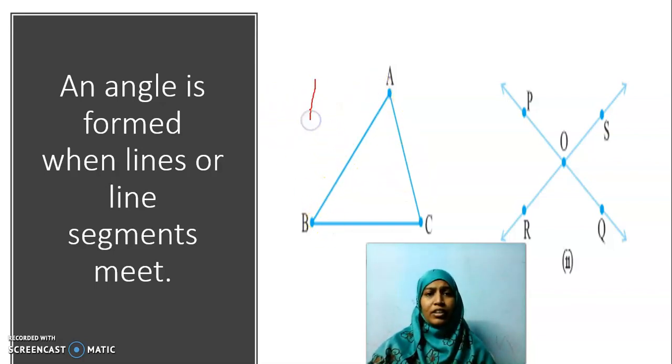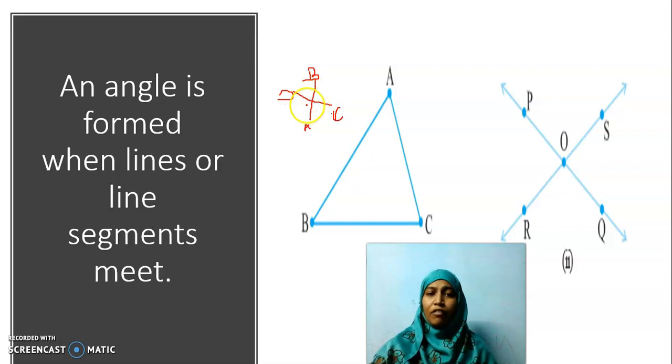How will we have that? See, this is one line segment AB. An end point should be there without an arrow. That will indicate that it is a line segment. This is line segment AB. This is line segment CA, or CD.